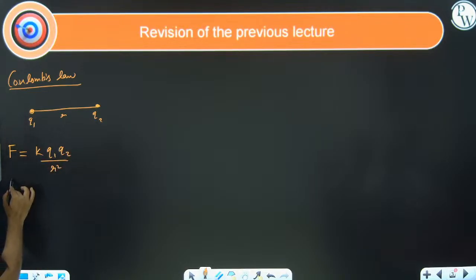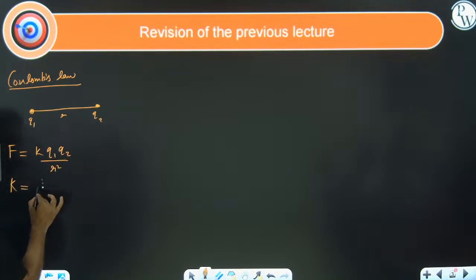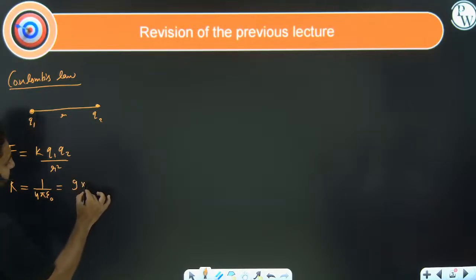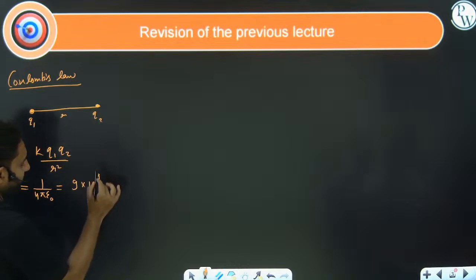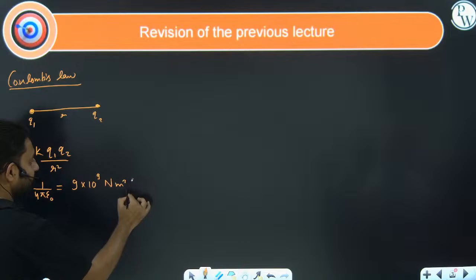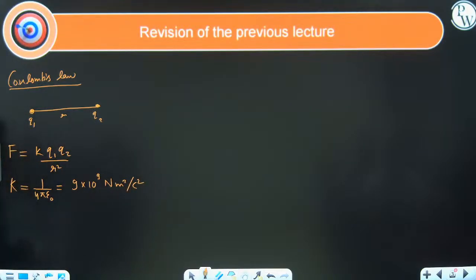Here K is a constant equal to 1 upon 4 pi epsilon naught, and the value of this constant is 10 to the power 9 Newton meter square per Coulomb square. This epsilon naught is also called the permittivity of free space.